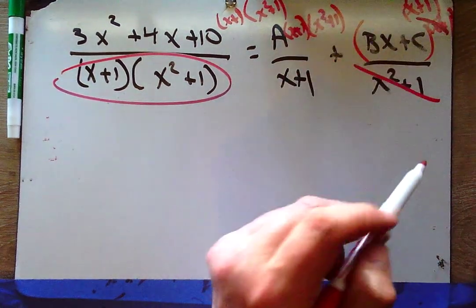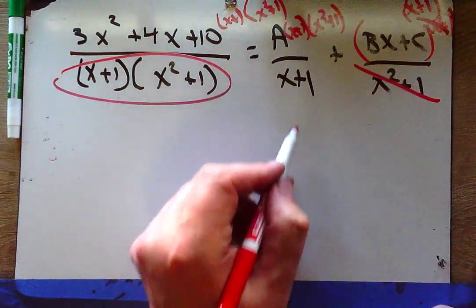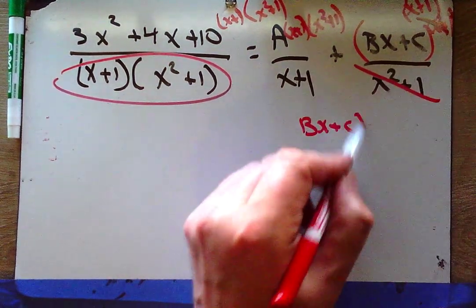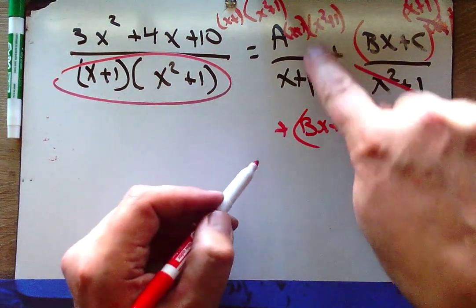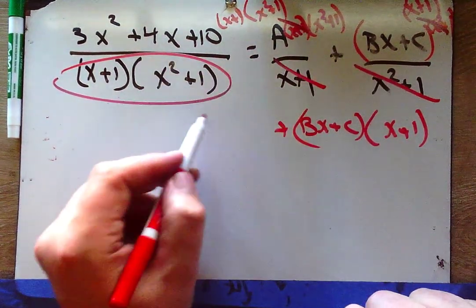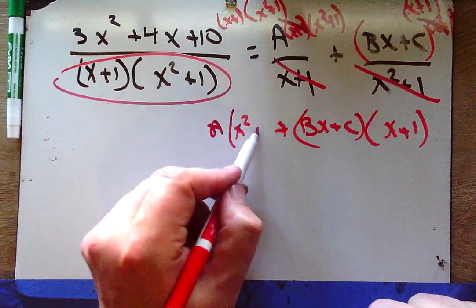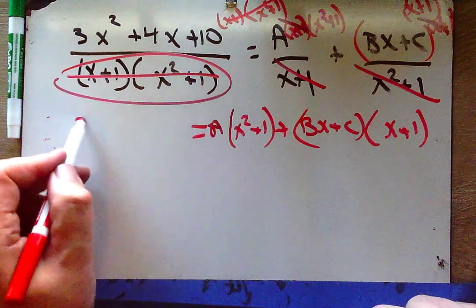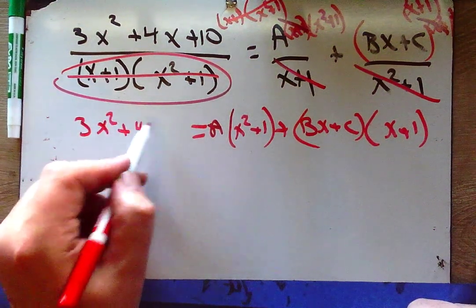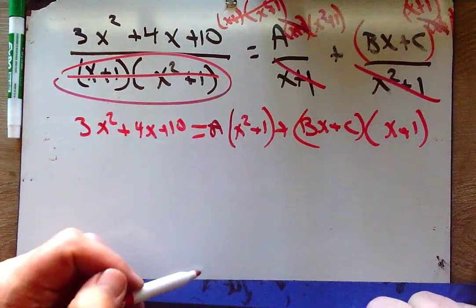The x squared plus 1's cancel, and I'm left with bx plus c times x plus 1. Plus, here, the x plus 1's cancel, and I have a x squared plus 1. And here, all this cancels with all that, leaving me 3x squared plus 4x plus 10.